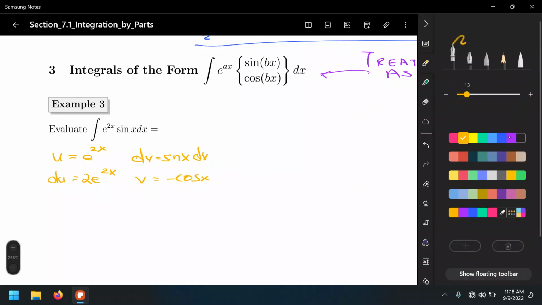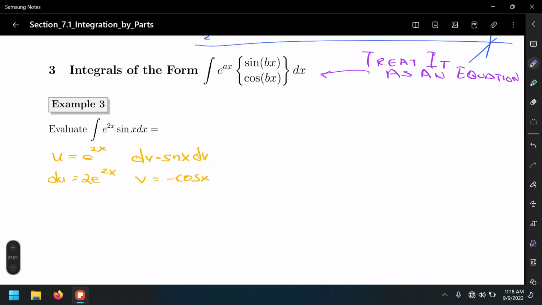Let's do the usual setup and use the formula: u times v, that is e to the 2x times negative cosine x, minus the integral of v, which is negative cosine, times du, which is 2 e to the 2x dx. Alright? I strongly recommend you use all these parentheses right here, because if you don't, this won't look like a product of the functions. In fact, it's going to look like a difference, and you may get confused with the result.